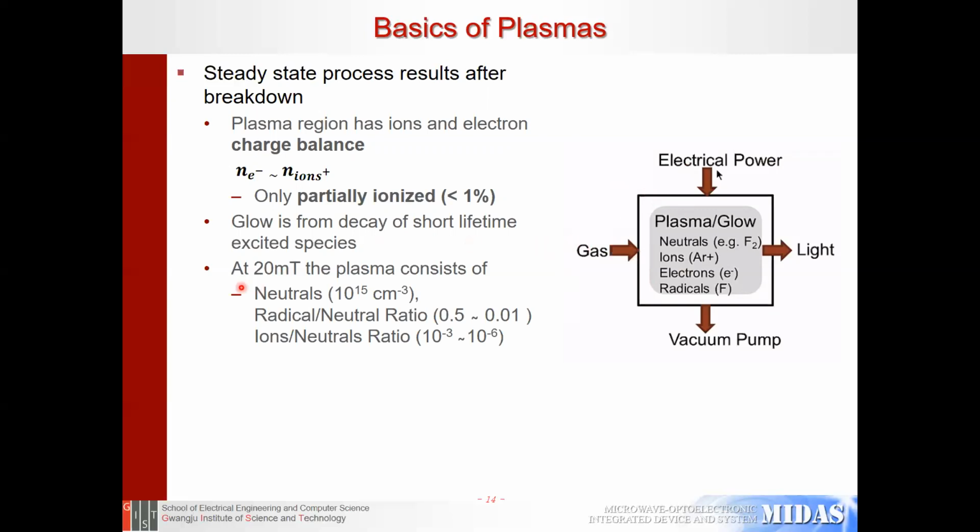For such a plasma, typically at 20 millitorr, we are talking about neutrals in the range of 10 to the power 15 per cubic centimeter, and the radical to neutral ratio is from 50% down to 10%, whereas the ion to neutral ratio is in the range of 10 to the power minus 3 to 10 to the power minus 6.